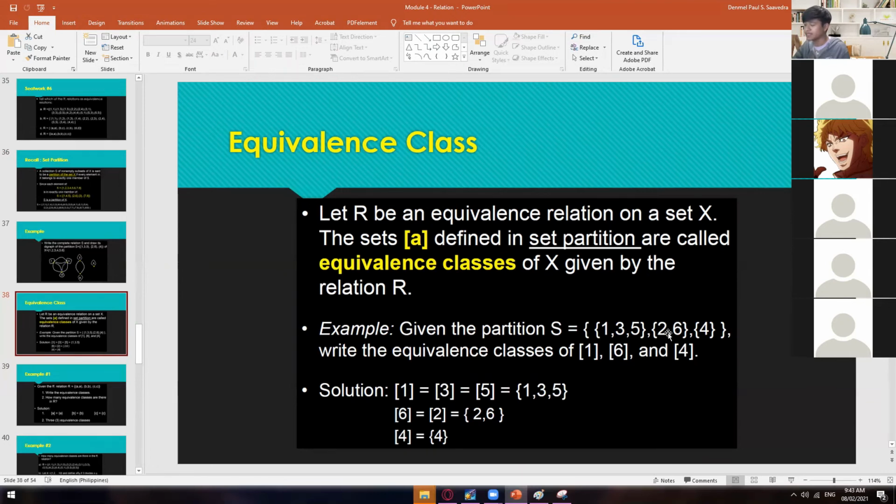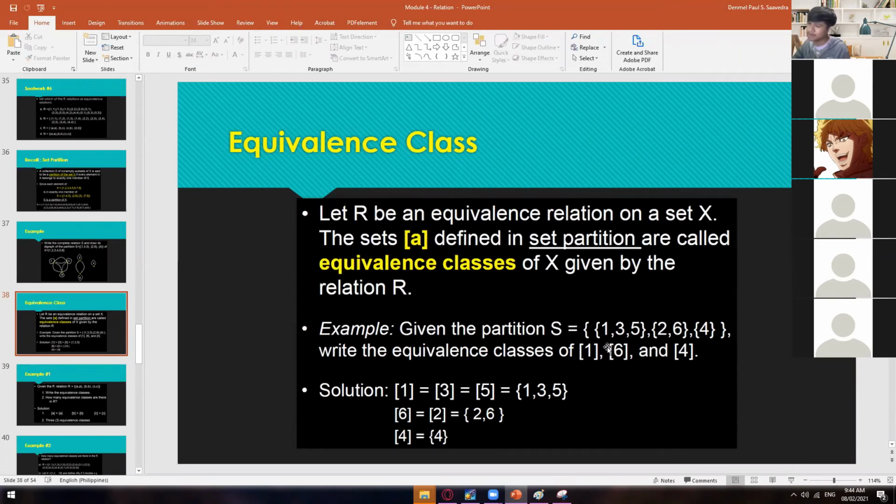And then for the second class we have 2, 6, and then of course it has 2 students, the 2 and 6. And for the last one, under one class we only have one student, so we only have 4. So 1, 3, 5, 2, 6, and then 4. So in this set partition, we have a total of 3 classes, okay? And then each of them has students, wherein this one has 3, this has 2, and this has 1.